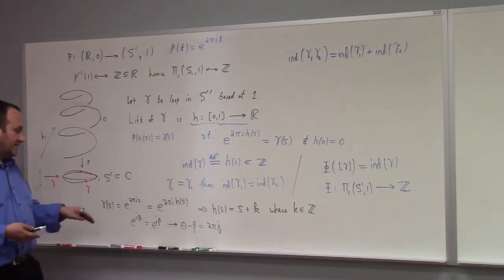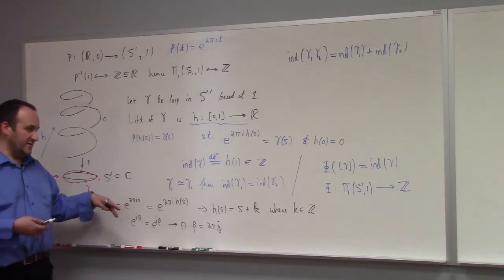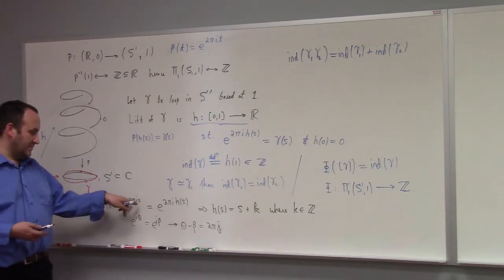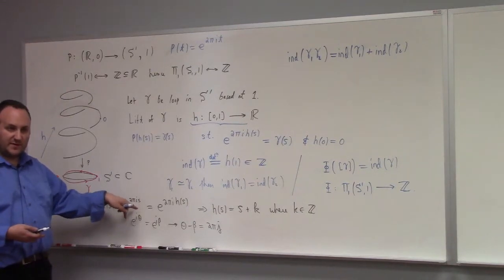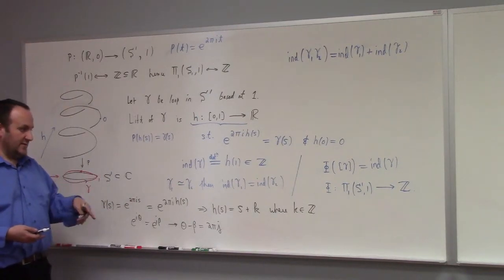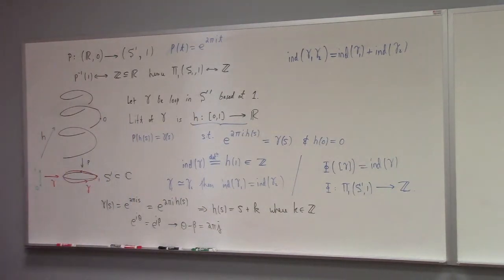But here I've got this 2 pi already, so if I shift by an integer, I'm shifting by 2 pi in the multiplication that multiplies the i. So that's why I have just s plus k. Okay?